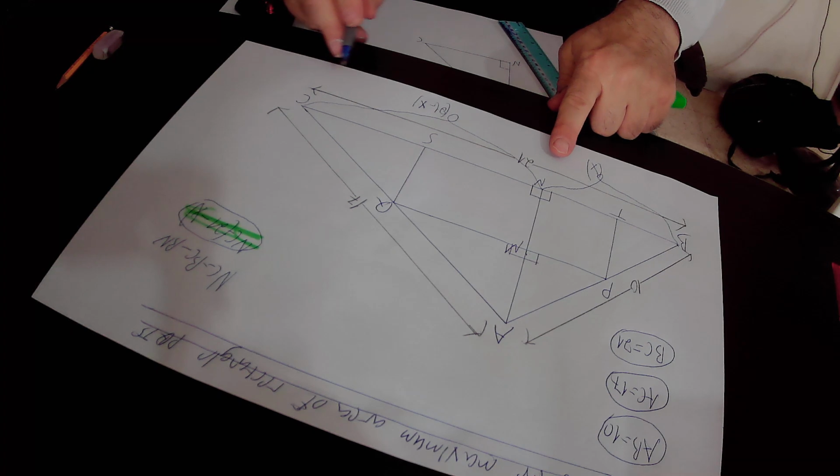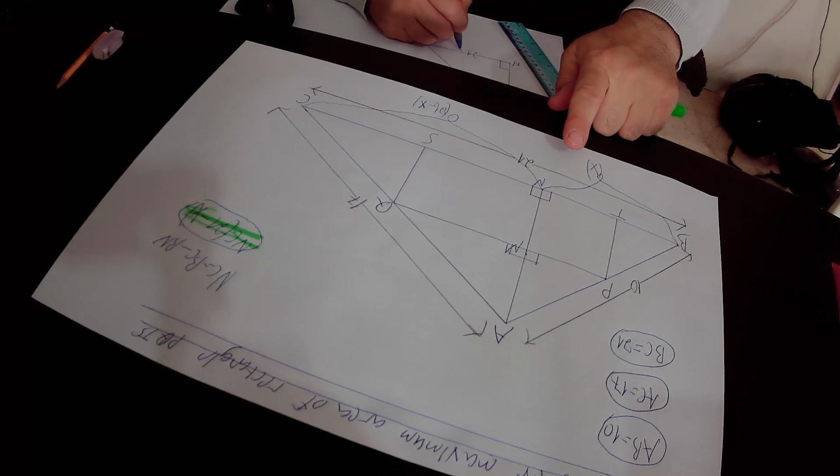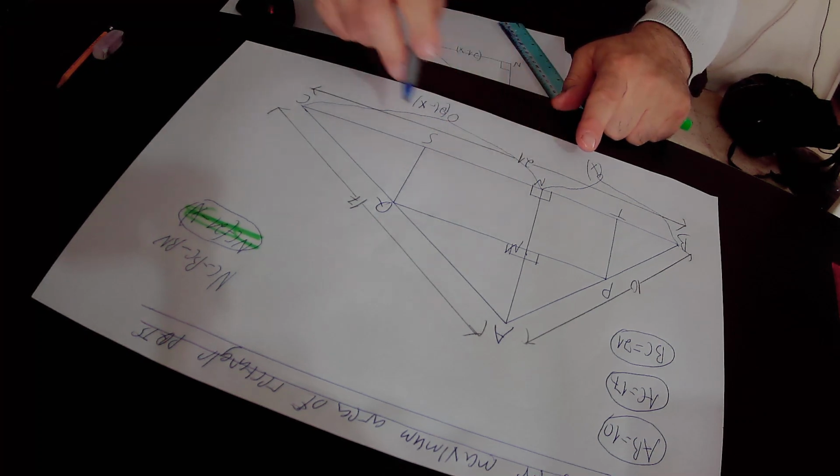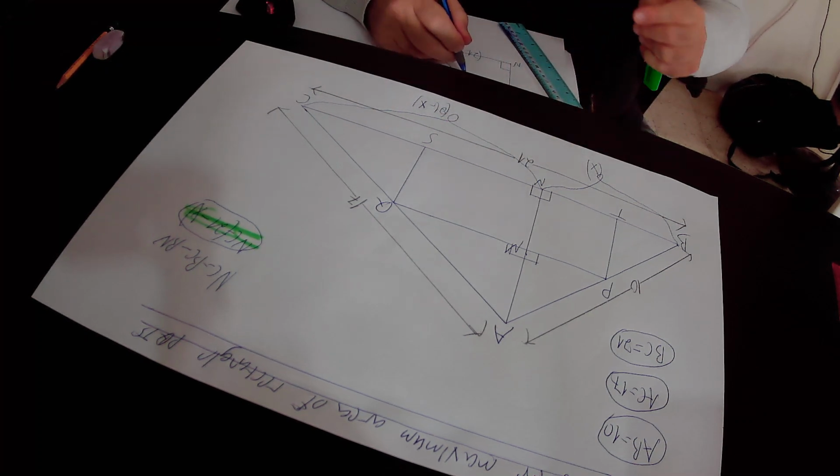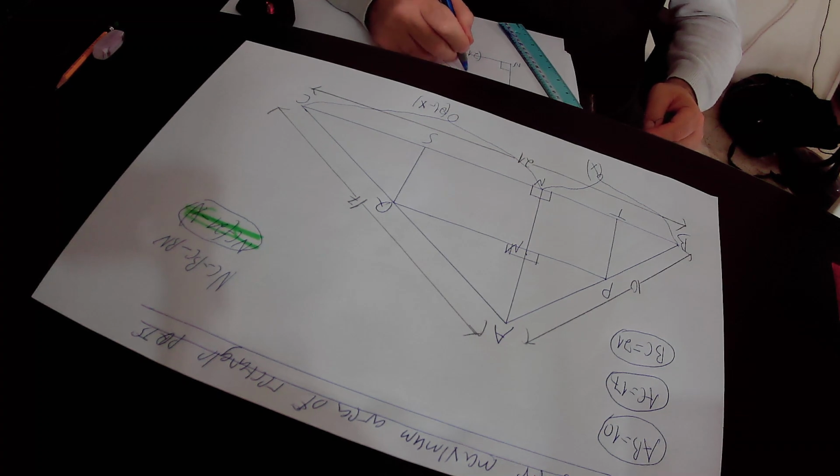Side NC of the triangle ANC equals 21 minus x units in length. The hypotenuse AC equals 17 units in length, according to what is given in the question.